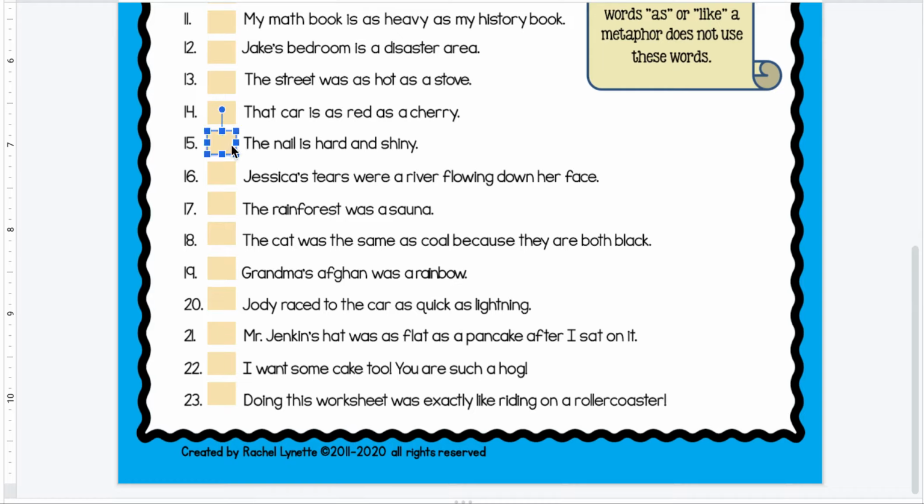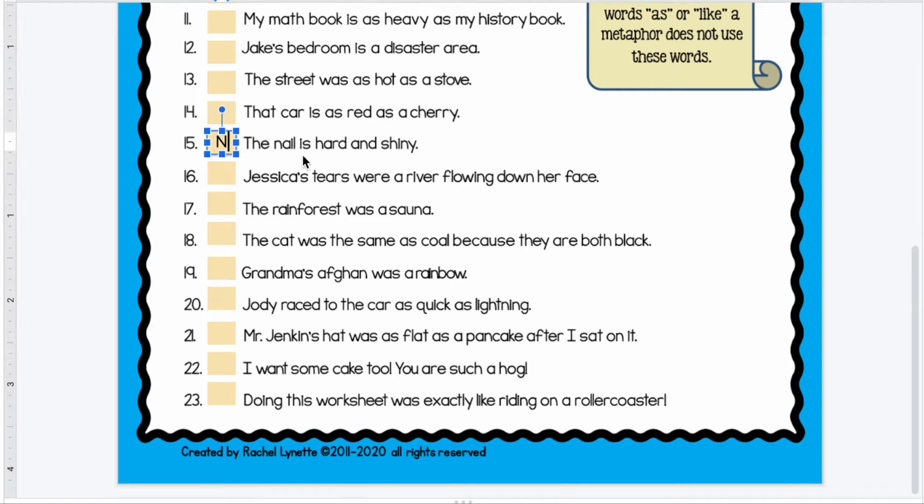So this means that this will be neither. Remember, we must be comparing one object with another, or one person with an object, so it should be a noun being compared to another noun, person, place, or thing. Here we have a noun, but it's not really being compared to anything else. It's just being described as hard and shiny. Those are adjectives. So this is neither a simile nor a metaphor.